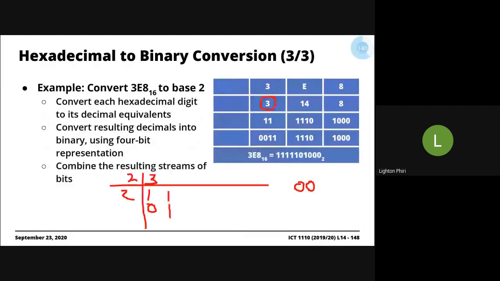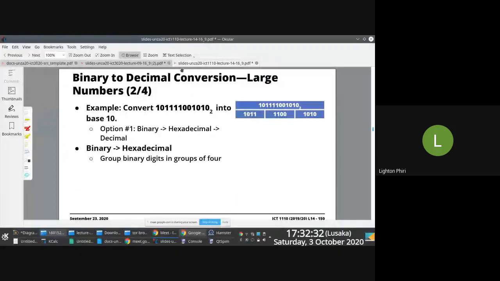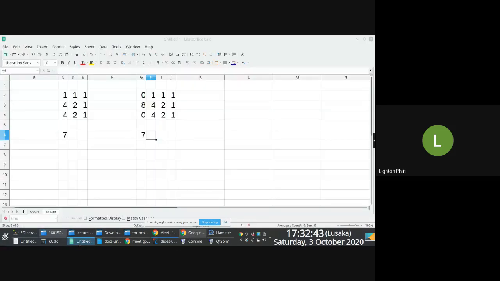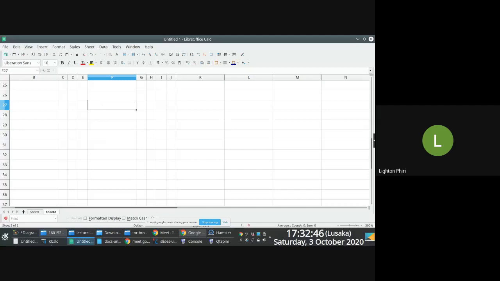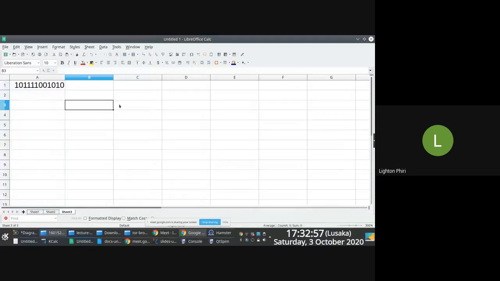We were saying that if we had a number like this, and this is a large number, to convert it into decimal, our current approach has been that we repeatedly multiply.